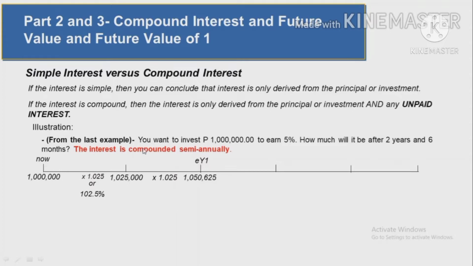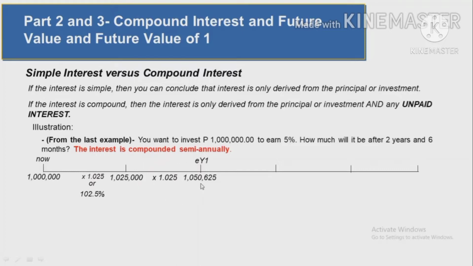But if we analyze this, the whole 1,025,000 in this period, which is composed of the principal of 1 million and the interest of 25,000, has been charged with interest because, as you can see, the totality of this has been multiplied by 1.025, which is equivalent to 102.5%, already inclusive of interest. So that's the concept of compound interest.